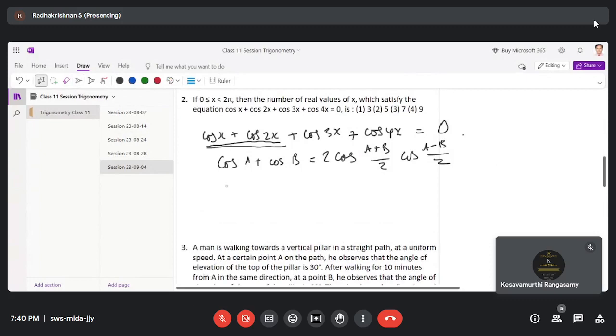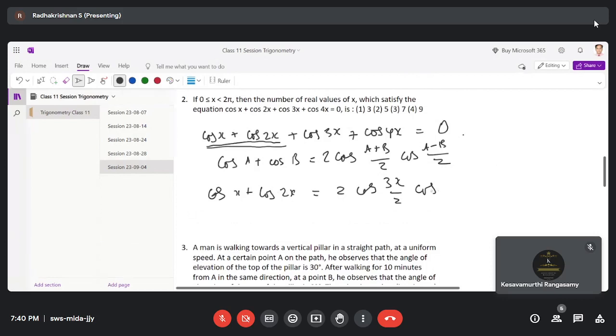Therefore, cos x plus cos 2x will be 2 cos of x plus 2x whole divided by 2, into cos A minus B by 2, which is x minus 2x whole divided by 2, which will be minus x by 2.